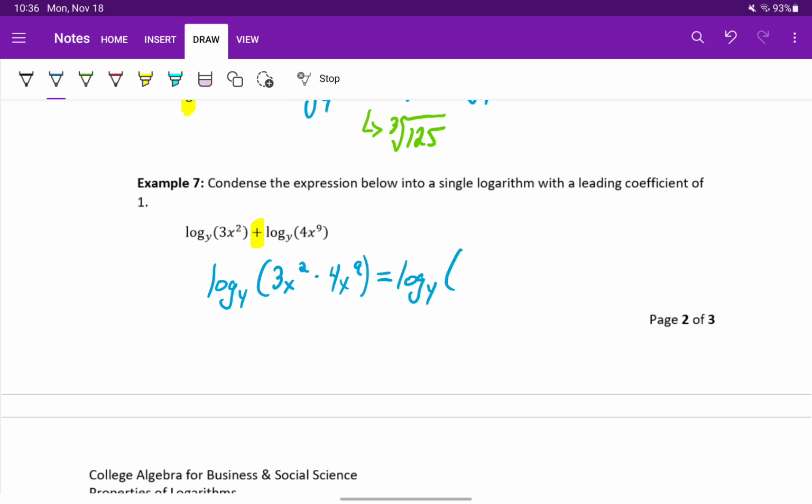Then we can multiply those factors together to get 12x to the 11th, which we get by multiplying x squared times x to the 9th, and we merge those by adding those exponents together.